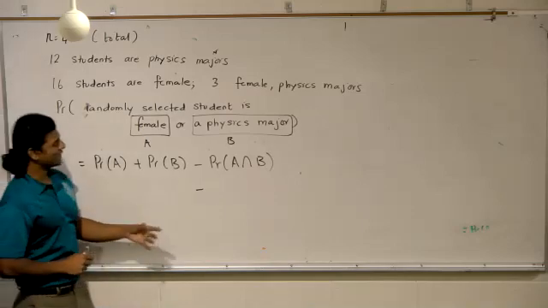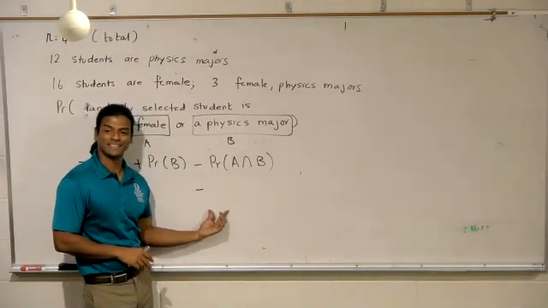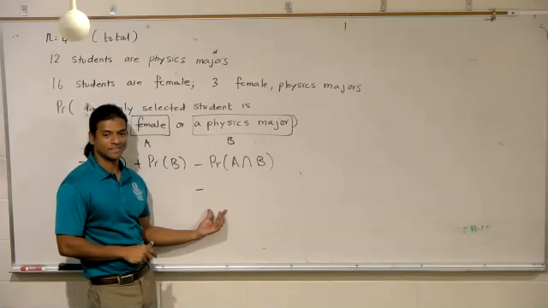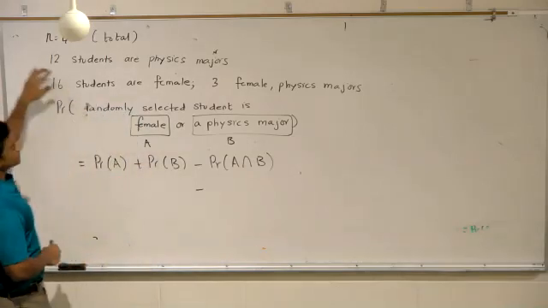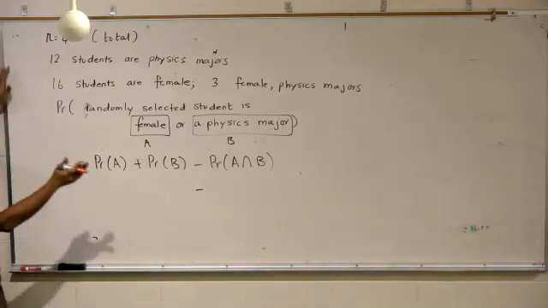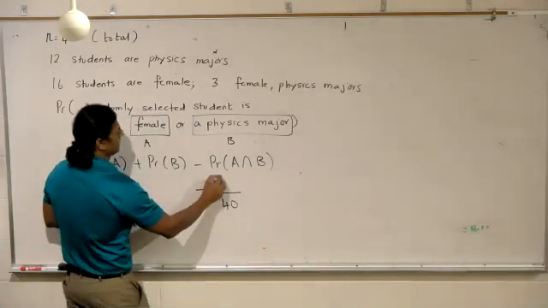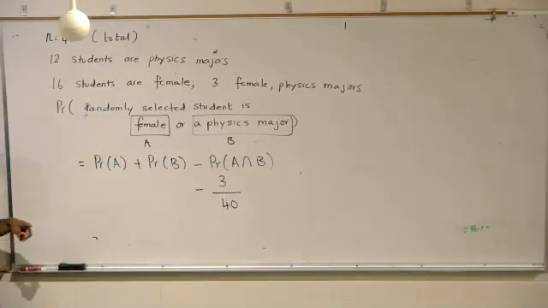28, right? So should you put the denominator to be 28 or 40? 40. Why? That's the total. We do not know about the other people, right? They could be chemistry majors, they could be something else. So it has to be with respect to the total. So 3 out of 40.